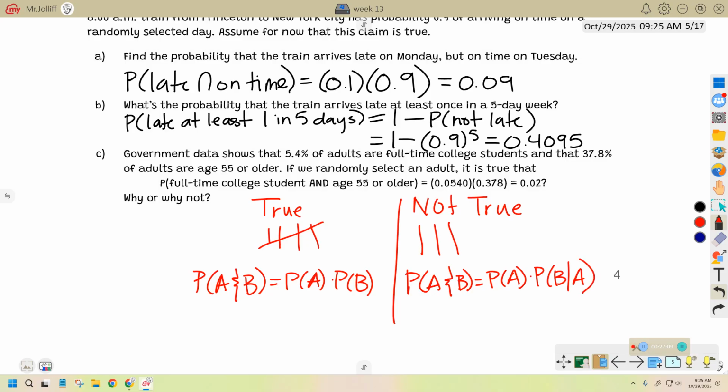And the difference between those formulas is A and B are independent for the first case, and dependent in the second case. So the question is, using what we know about the real world, is there a connection between full-time college student and age 55 or older? Knowing one, does that give you an idea about what the other is?